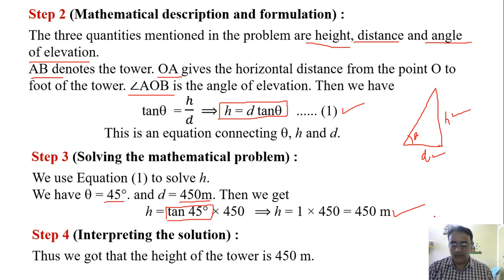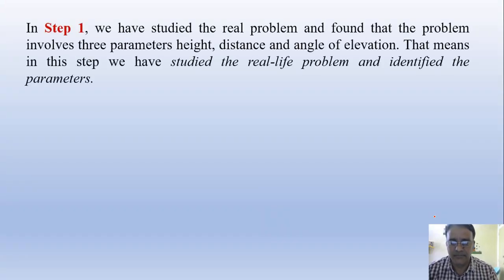I want to tell you that the problem is very simple, but this is how we can go through the process of mathematical modeling. We have to follow these steps. In step number 1, we studied the real problem. We understood the real problem and found that it involves 3 parameters: height, distance and angle of elevation.